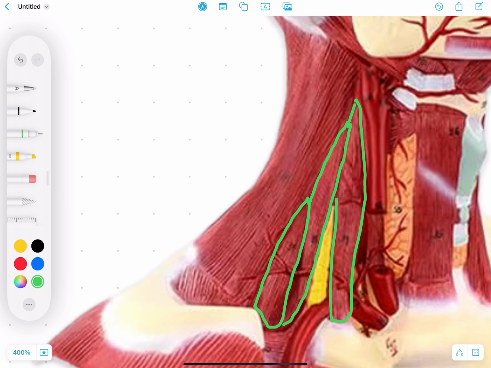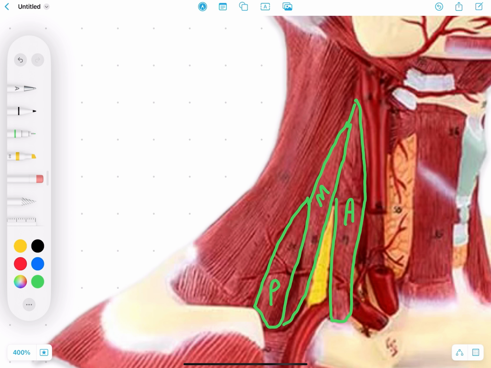So these are called your scalene muscles, and they're a group of three. We just typically refer to them as the scalenes, but for the purpose of this class, we're going to break them out. There's the anterior scalene, which is on the anterior side, the posterior scalene, which is on the posterior side, and then here the middle or intermediate scalene. So there's your middle scalene.